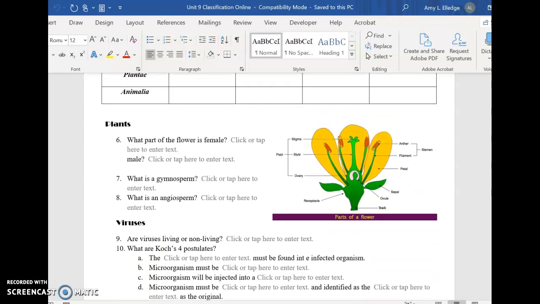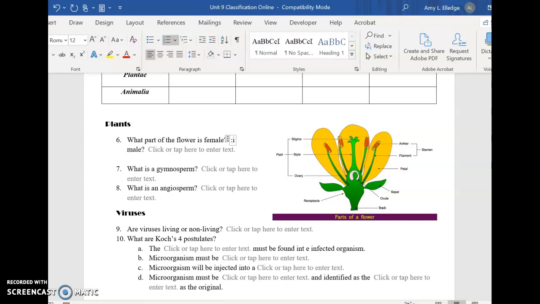I am going to help you out with your plants a little bit because we did not do the plant unit. So the part of the flower that is female is called the pistil. Okay, and that includes the sticky stigma in there that the pollen's going to stick to.